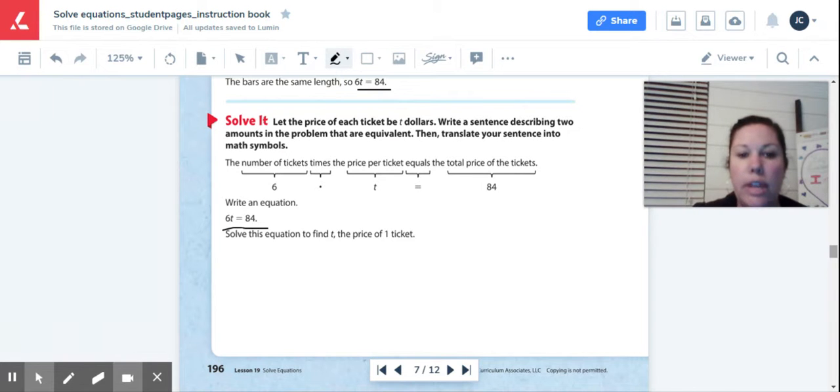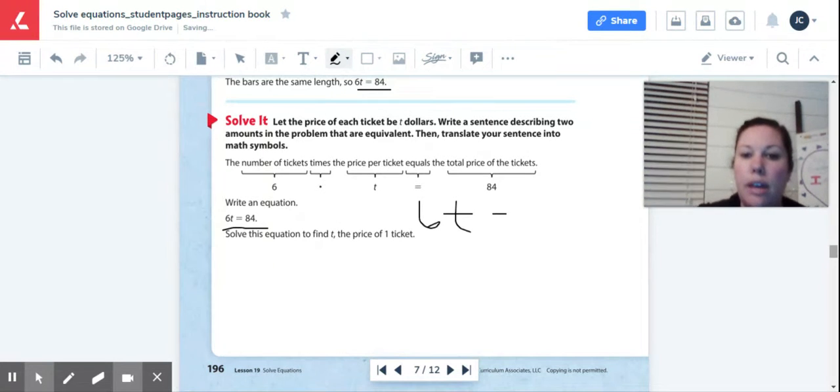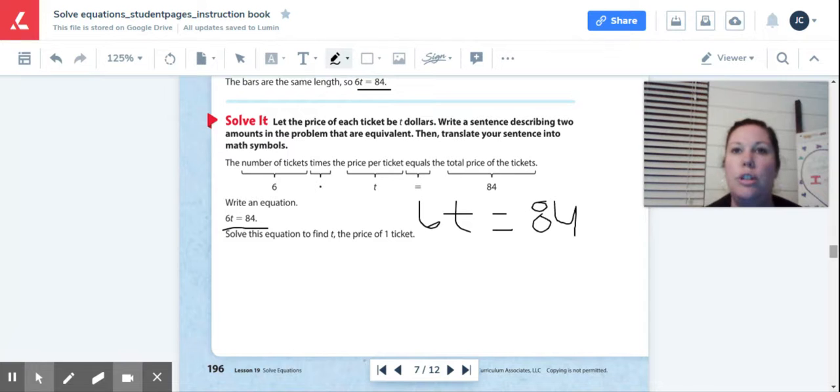Okay, so we know that 6t, so when 6 is next to a number like this, it means to multiply. So that's why I said 6 times a number equals 84. I'm rewriting the equation because I'm going to show you how we're going to use inverse operations to solve this problem, to find out how much one ticket would cost.